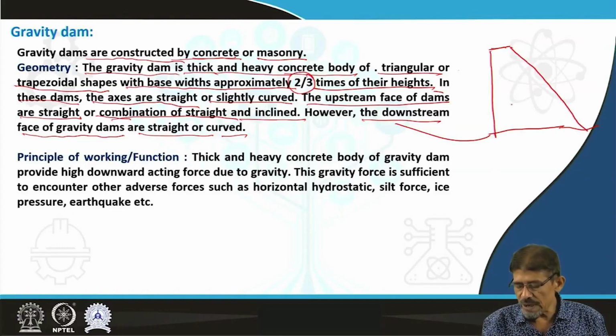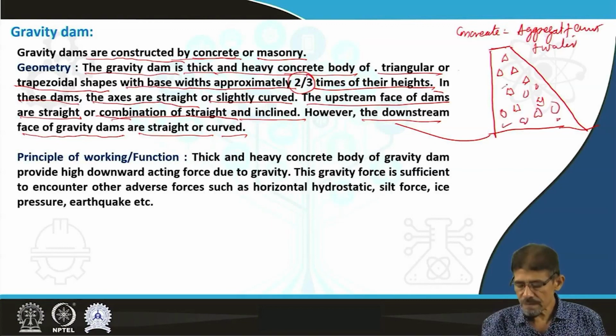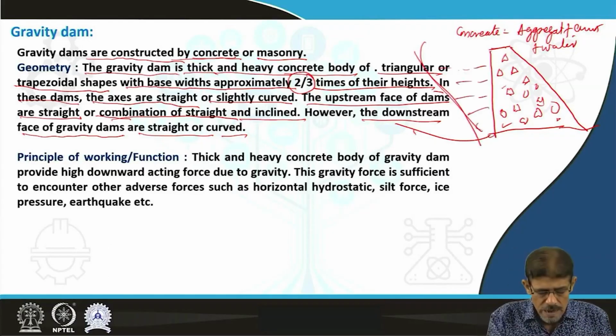This whole thing is made up of concrete. Concrete we have already discussed. Concrete is equal to aggregate plus cement plus water. The water is present on this reservoir side.